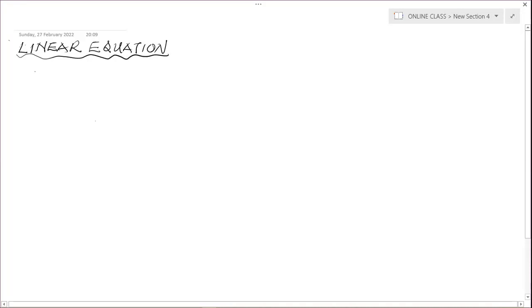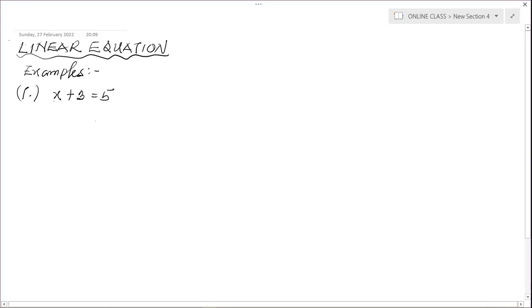Now, when they say linear equation, it means that you have an equation like this. Example number one. Let's say we have x plus 3 equals 5.